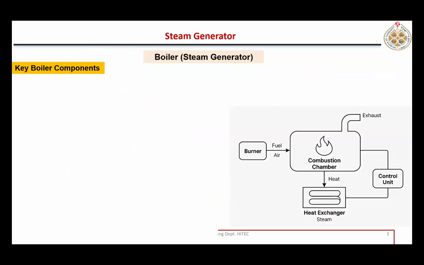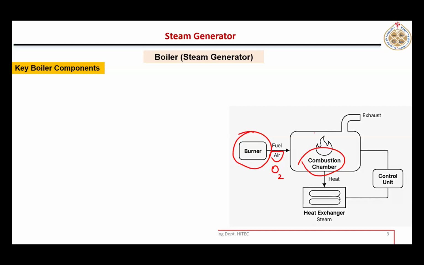Now let's move on. Here in this figure, you see key components of any boiler. Here we see a burner, where fuel and air, meaning oxygen basically, mix together and with some kind of ignition device, they produce combustion.